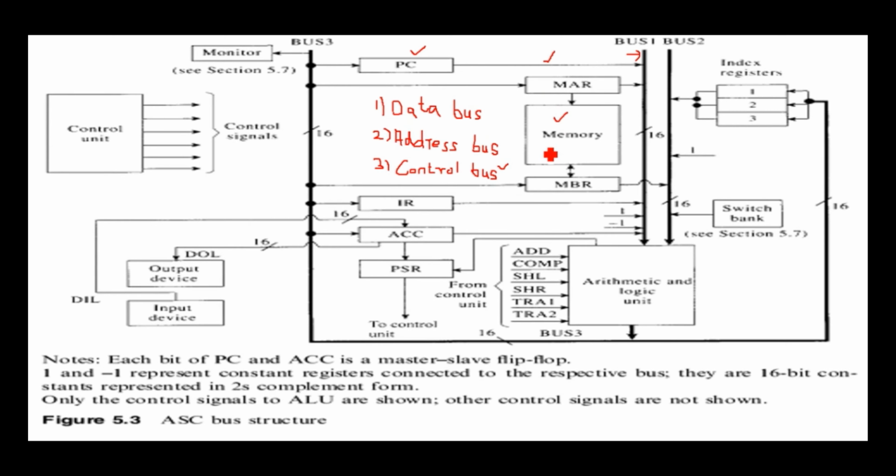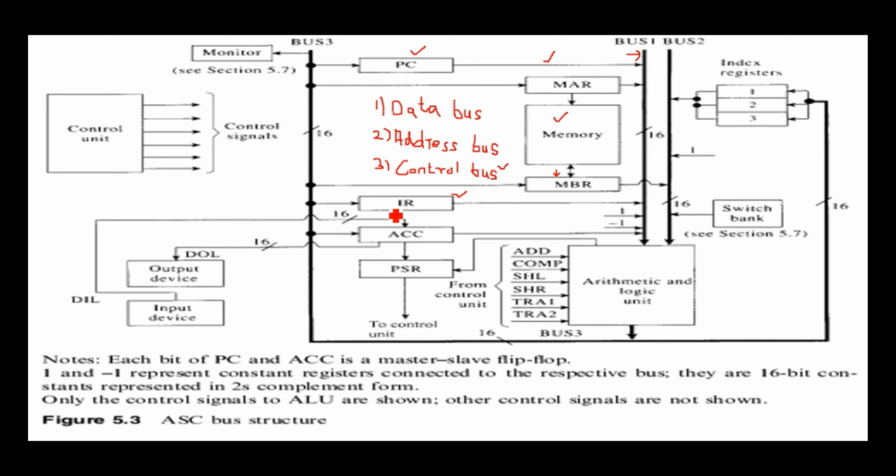So if it is instruction fetch process, then the instruction from memory will be transferred to MBR, and from MBR, the instruction will be transferred to IR. So MBR is connected to bus number 1, bus number 2, and this data in the form of instruction will be transferred from MBR via bus number 2 and then bus number 3 to the instruction register.